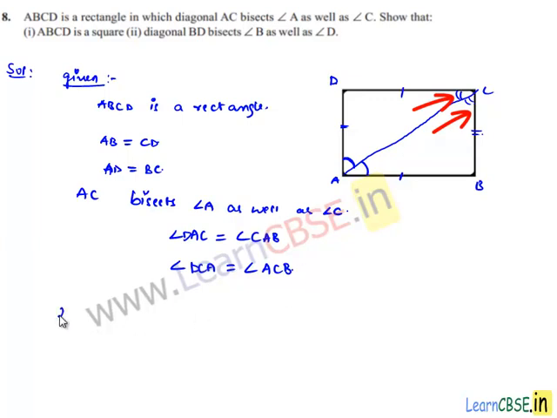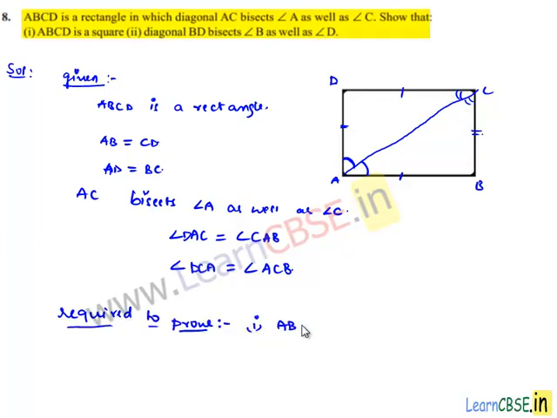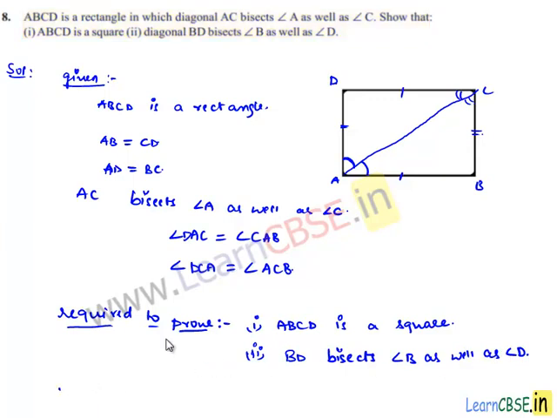Now we are asked to prove, first, ABCD is a square, and secondly, BD bisects angle B as well as angle D. So now in order to prove this, let us follow a procedure.